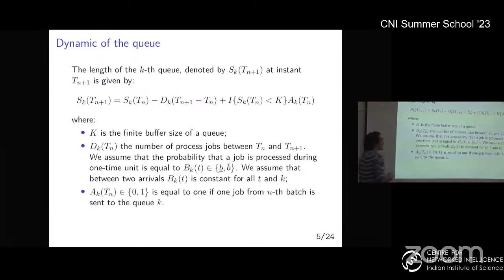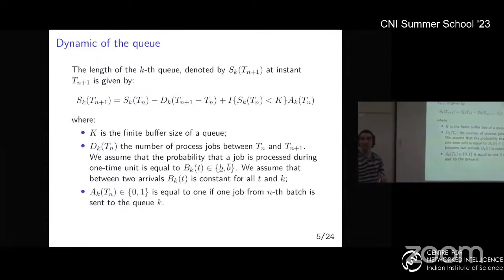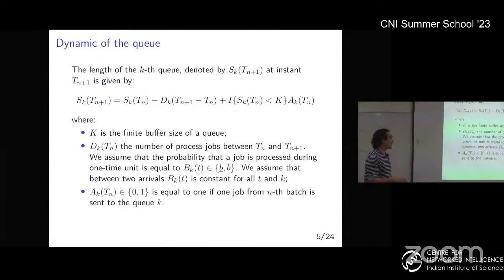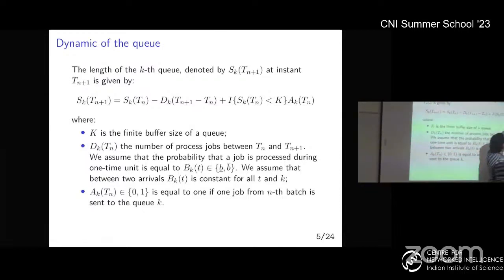K is the finite buffer size. So I'm always studying finite queues because when we study restless bandits, having a finite space just makes the math easier. You need actually K minus alpha. K minus. Yeah, absolutely. So you need to add a plus here.